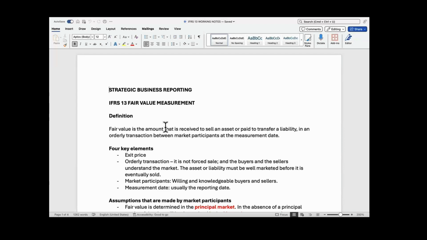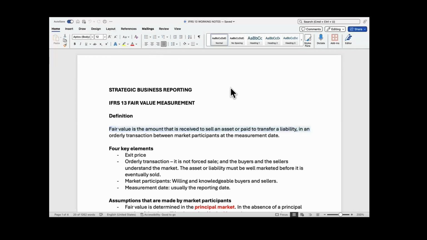To determine fair value, we make use of exit price. From the first part of the definition, it indicates exit price, the price that is received to sell an asset or paid to transfer a liability. You are exiting that asset or liability.